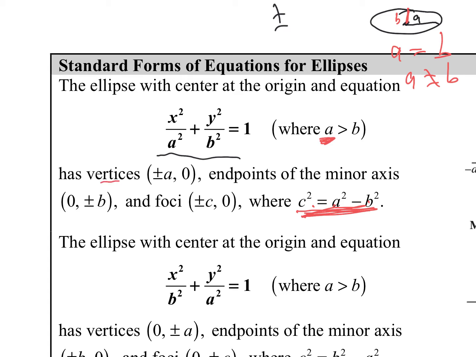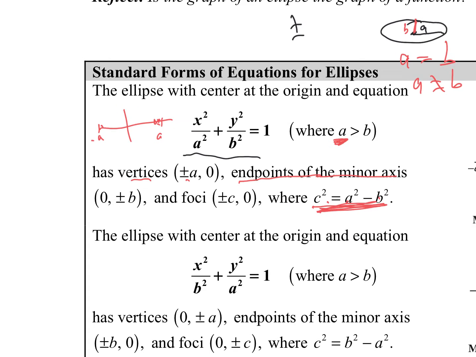If you have vertices plus or minus A comma 0, what does that mean? Minus A, plus A, and they both are at the height of 0. Those are your vertices, the endpoints of your major axis.